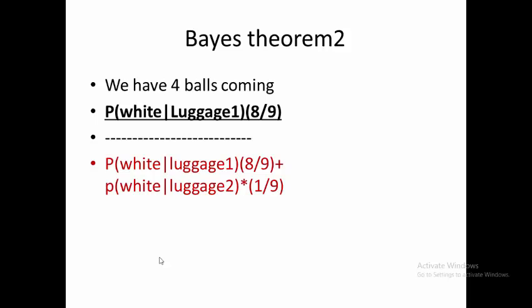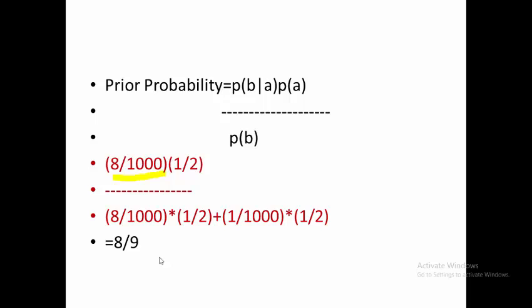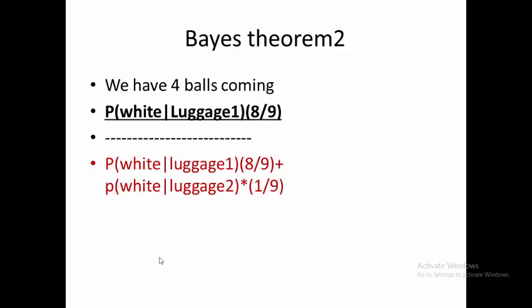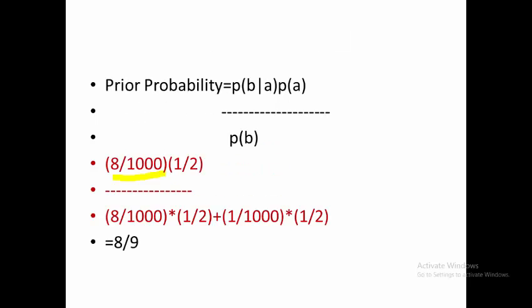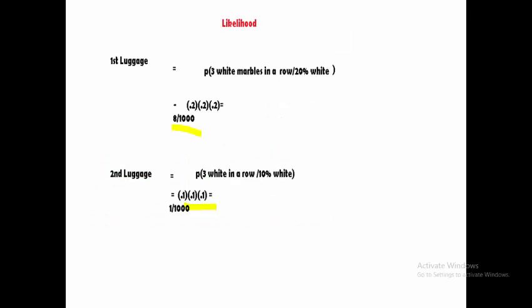So now we know the probability of bag 1 is 8 by 9 while the probability of bag 2 is 1 by 9. Now instead of 3 balls we have 4 balls coming, and since we already know the probability, that is 8 by 9 and 1 by 9, we are going to apply it to the formula. So that will become our new prior.